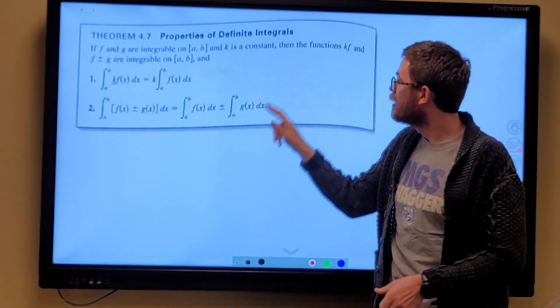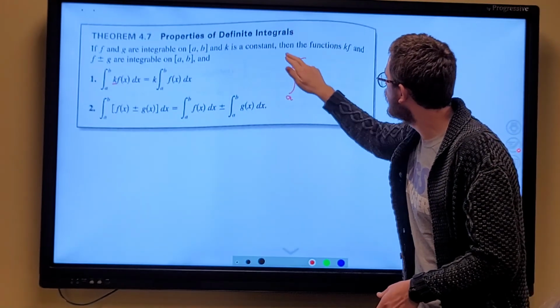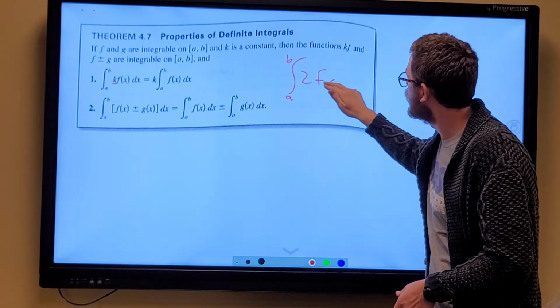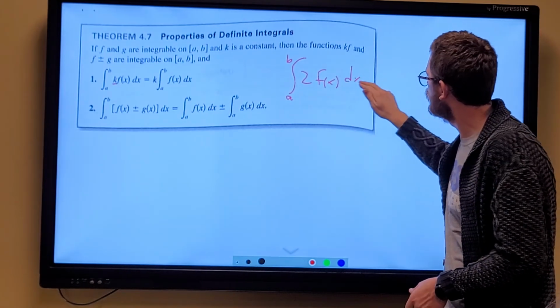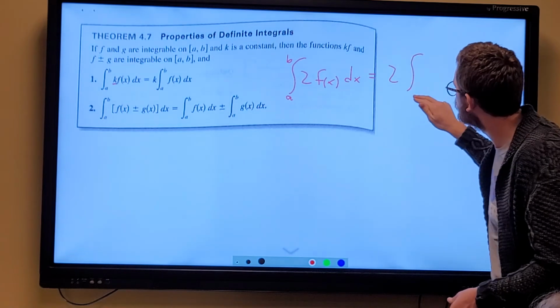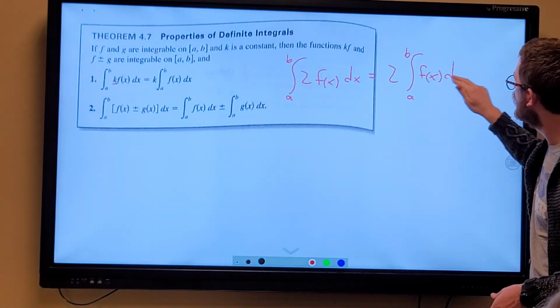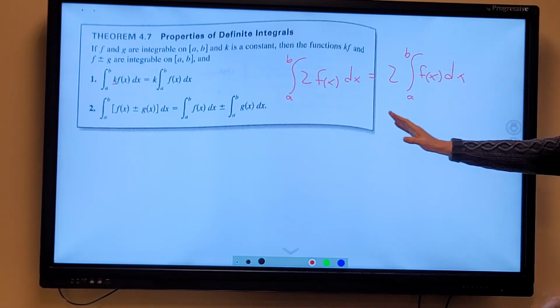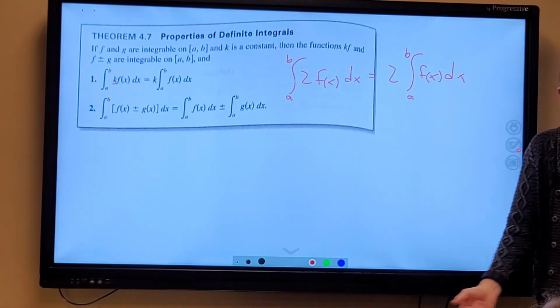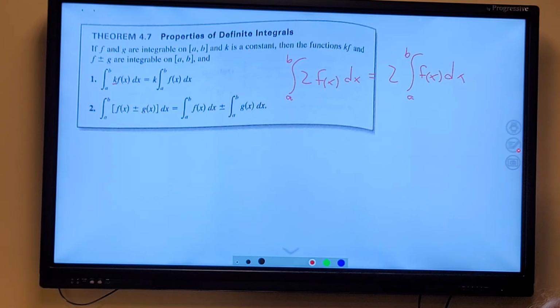So if we had from a to b, 2f of x, then we could factor out the 2. We could find the definite integral from a to b of f of x dx and then multiply it times 2. We've been able to do that with, again, limits, derivatives, indefinite integrals.